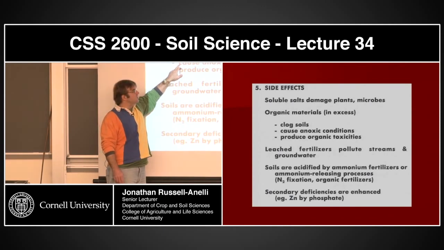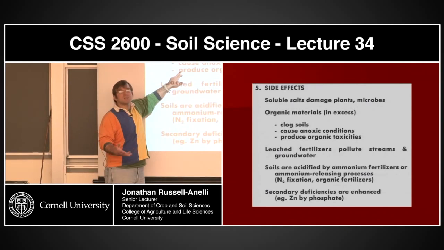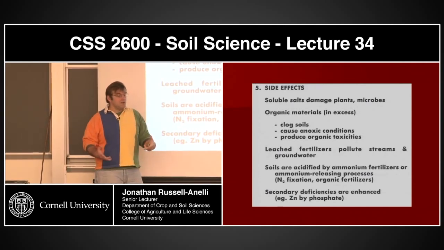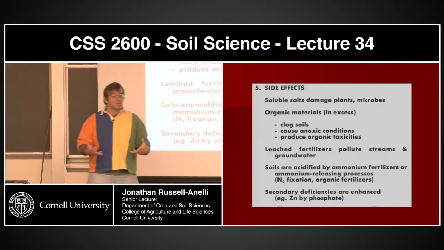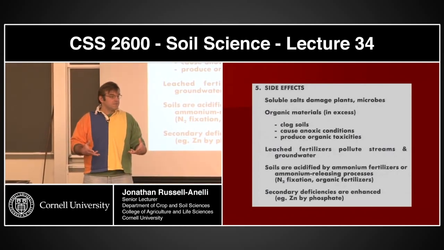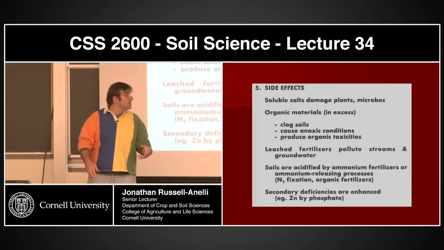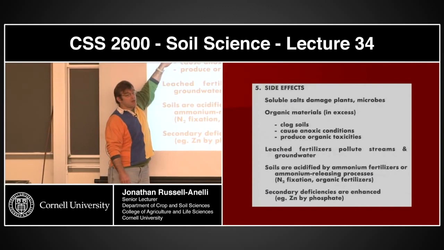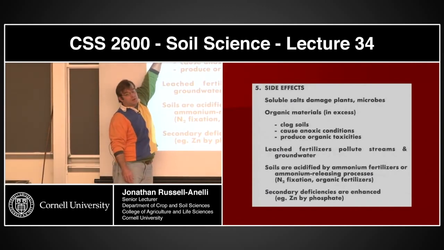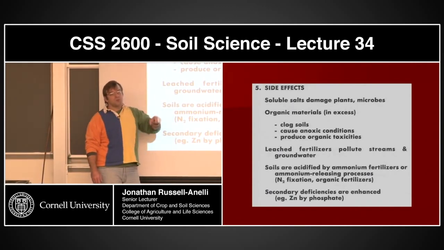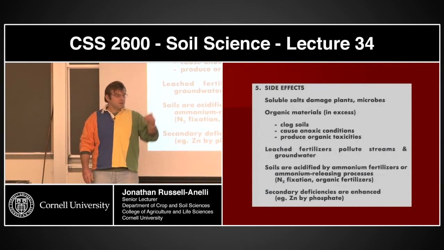If I have anoxic conditions, I can produce organic byproducts that could actually be toxic. I start seeing ammonia, and the ammonia starts damaging my roots and my plants. Does that make sense? It's not that organic matter is bad or the salt is bad. It's actually how you apply it and its byproducts.